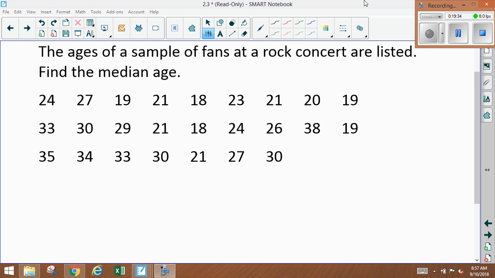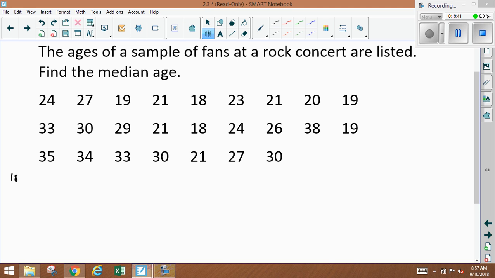All right, let's order these. Where's our smallest one? 18. Nineteen. There's a 20.